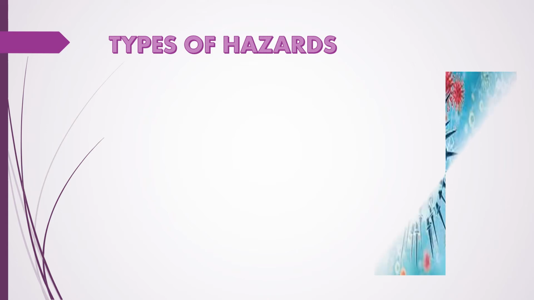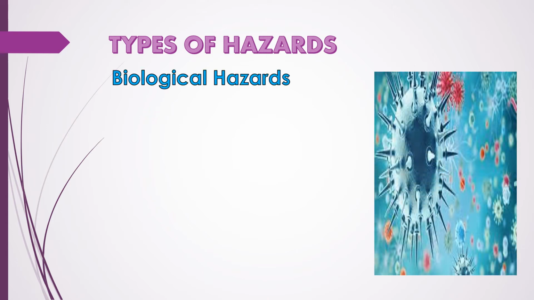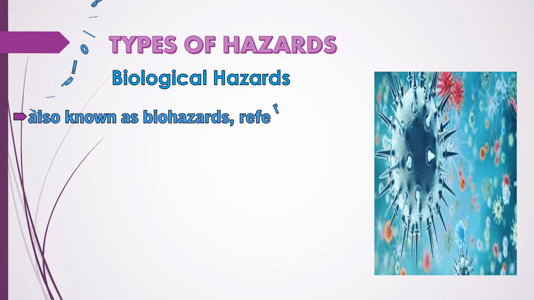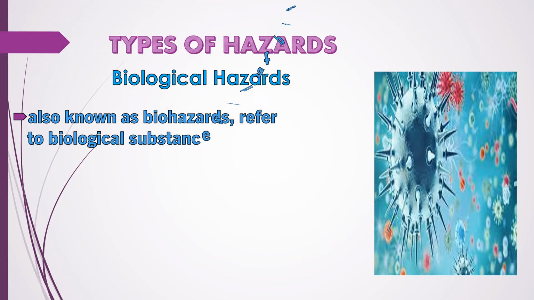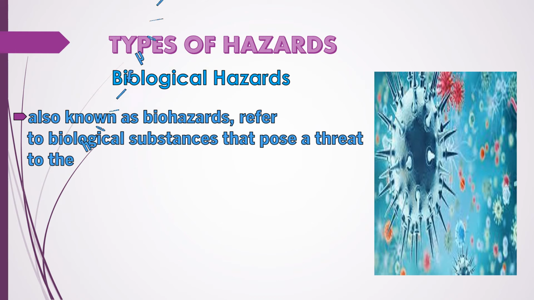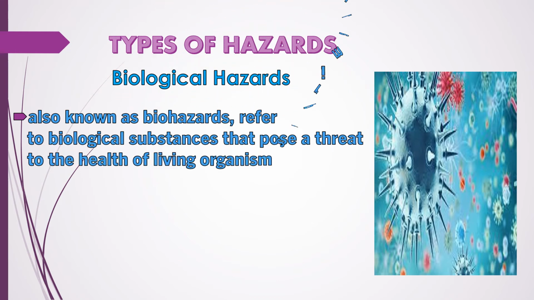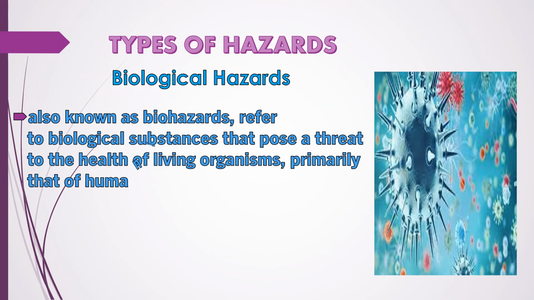Let's proceed to different types of hazards. Number 1. Biological hazards, also known as biohazards, refer to biological substances that pose a threat to the health of living organisms, primarily that of humans.